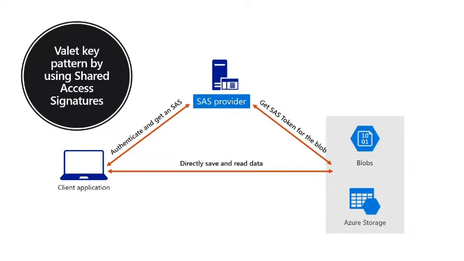After the client receives the SASs, they can access storage account resources directly with the permission defined by SAS and for the interval allowed by the SAS. The SAS mitigates the need for routing all data through the front-end proxy service.